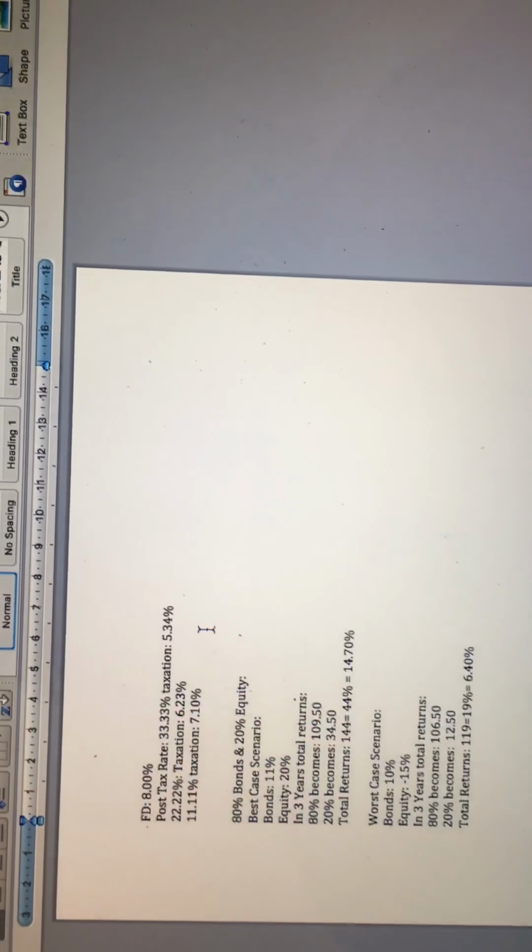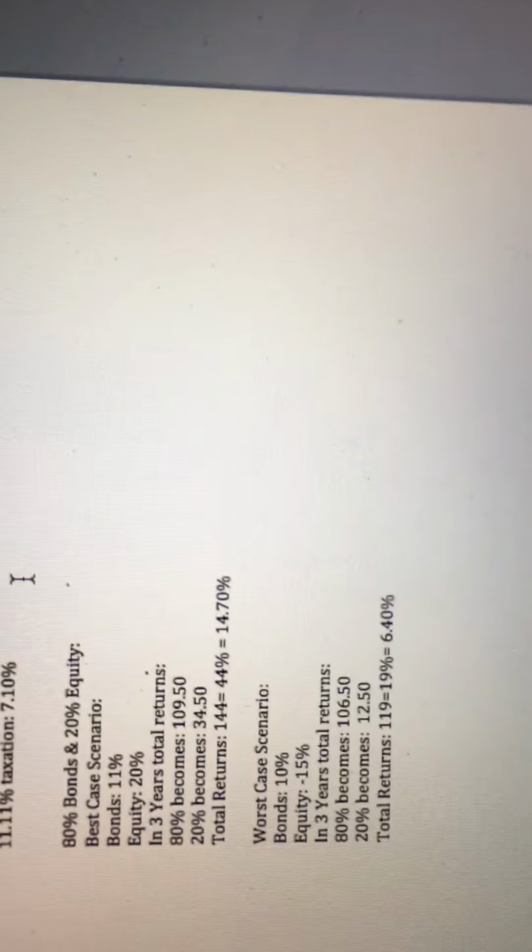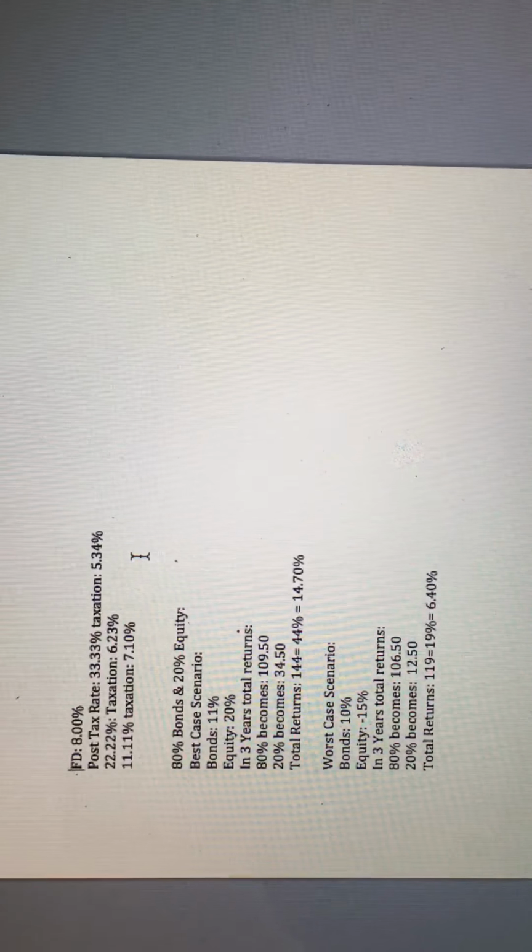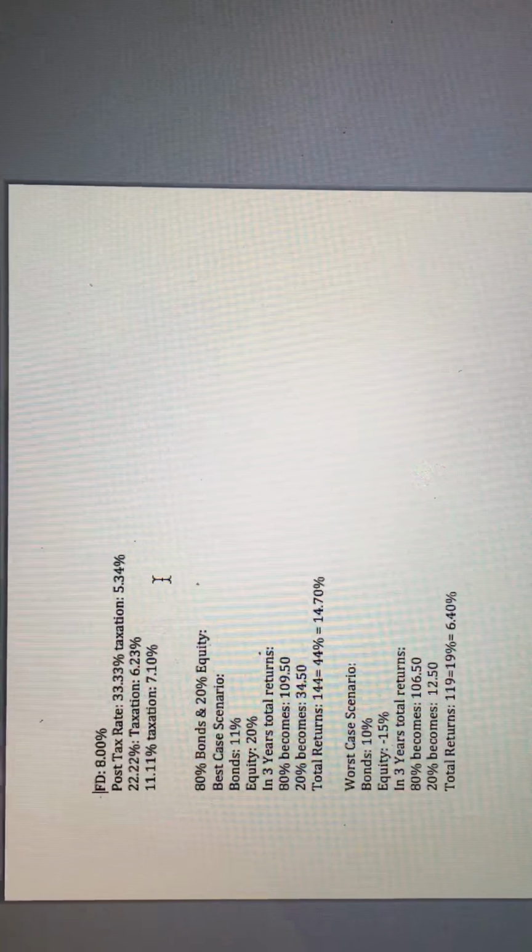Let me compare that to a hybrid product in which there are about 80% bonds and 20% equity. I've taken two scenarios, a best case and a worst case. Let's say in a best case, bonds give me about 11% and equity gives me 20% per annum for the next 3 years.